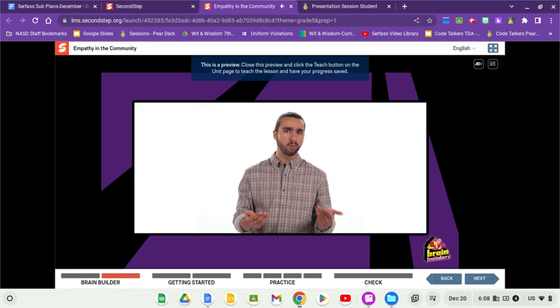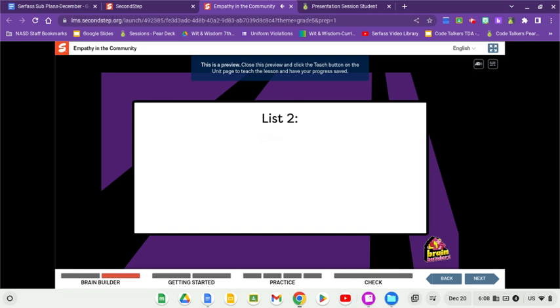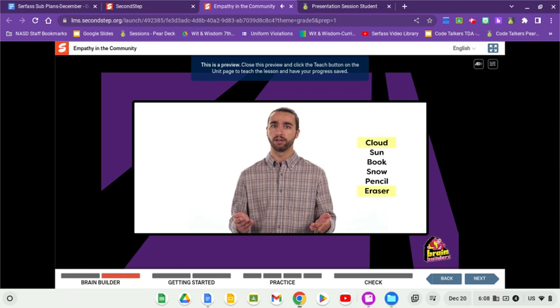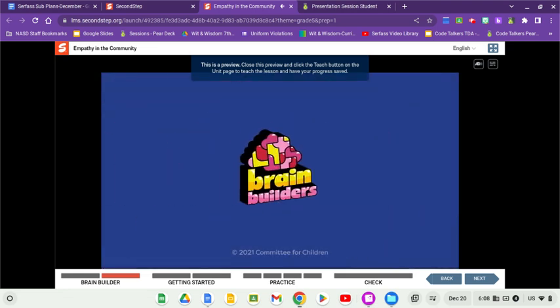Think about which word or words are different. Tell your partner what you think. In list 2, the words cloud and eraser are different from list 1. Grouping the words into categories such as weather and school supplies could have helped you remember the original list. Give each other a high five. You did it. Nice work.